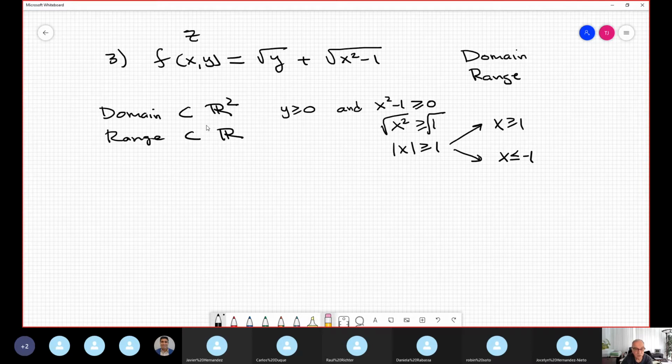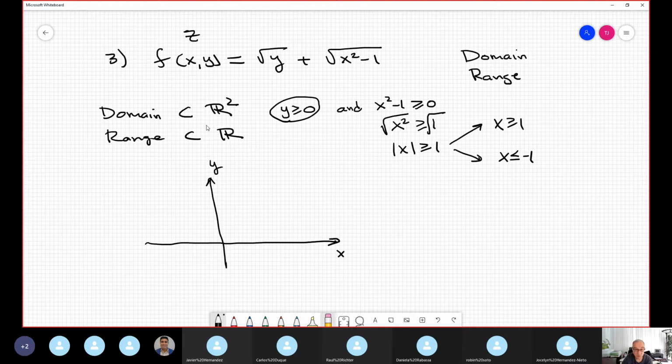This is the domain. Let me try to do the sketch of the domain. Well, I know that the domain is the region that satisfies this condition. And this condition is, well, first quadrant and second quadrant, where y is positive or 0, including the x-axis.